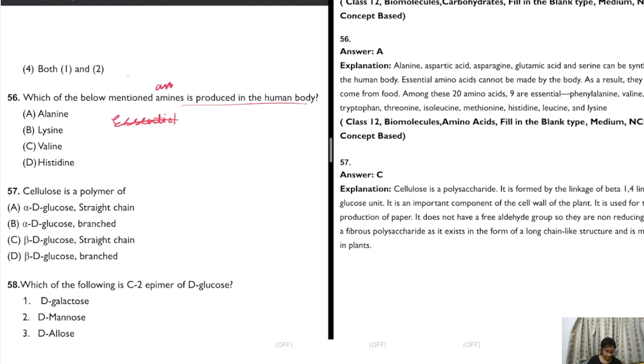Or amino acids, you can write it like this. They contain NH2 as well. So essential cannot be made. Out of these, if you see, alanine would be the answer because these are essential amino acids.